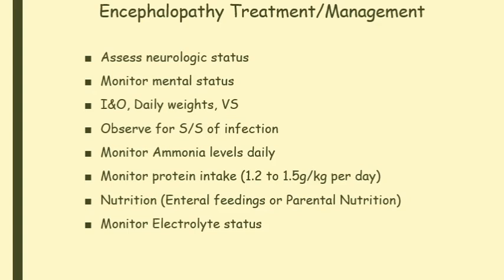We need to monitor their protein intake. They cannot metabolize protein. If we give them more, they're not going to be able to break down the protein. The ammonia is going to build up. The encephalopathy would be worse.